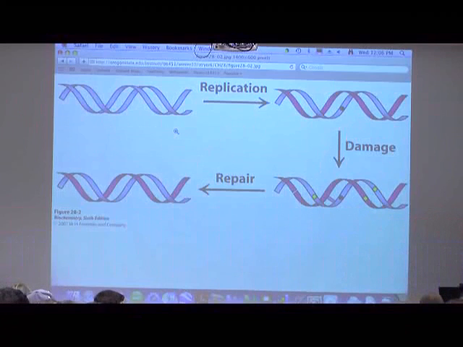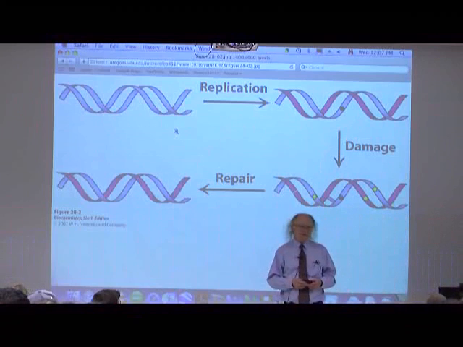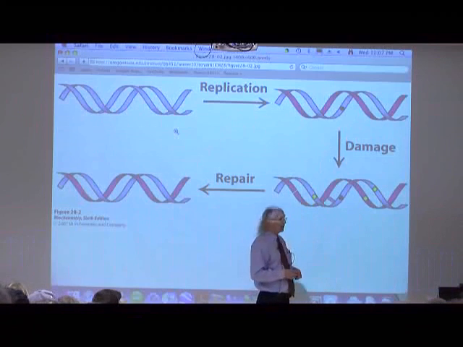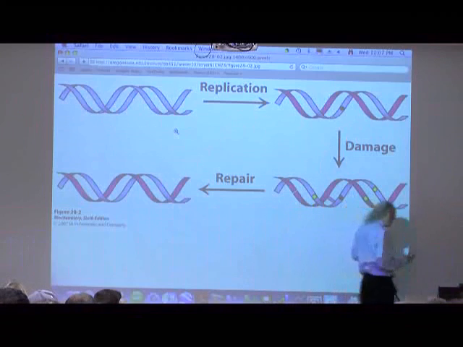One trip out in the sun and you would be dead. There's enough mutation going on just by exposure to sunlight that if you don't repair that, it would lead to cancer and death at a very early age. So these repair mechanisms are very, very important for us to understand.